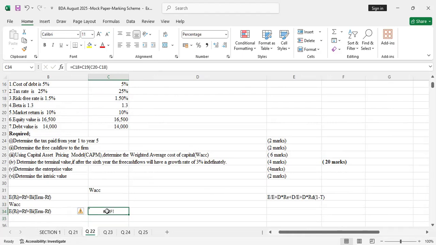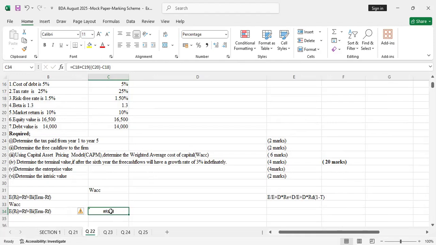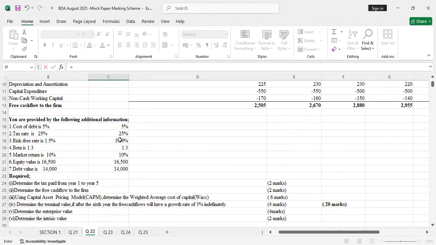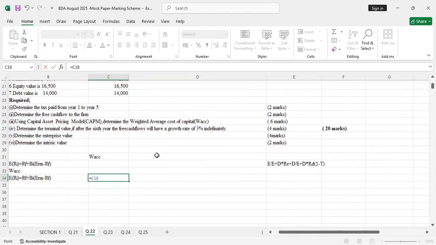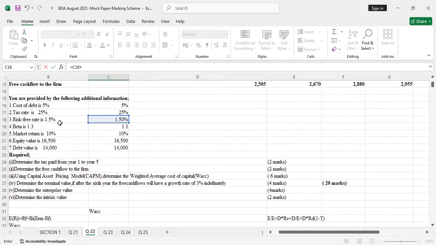Sorry, I don't know why it's giving me that. Let me put a bracket here. Then you enter. Let me undo that. So we say equals to the risk-free rate is that value there. You add the beta. Beta was 1.3.